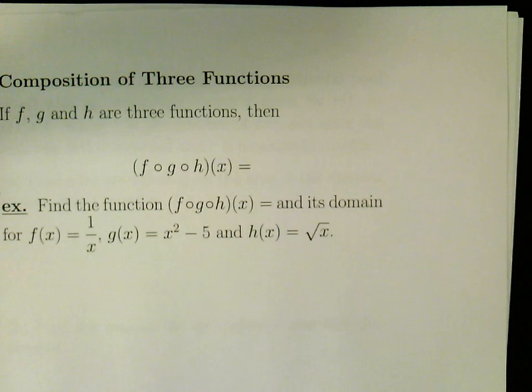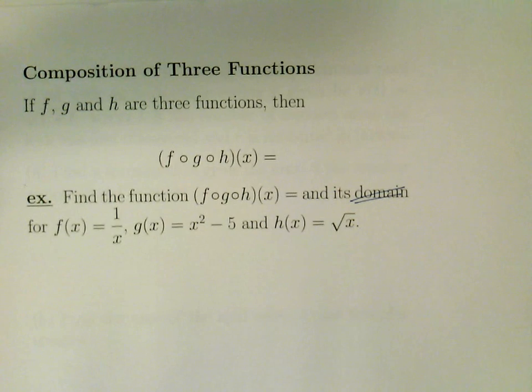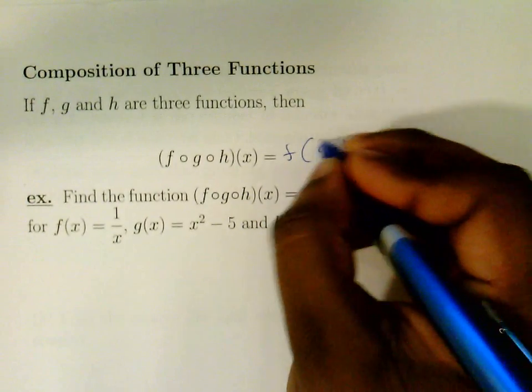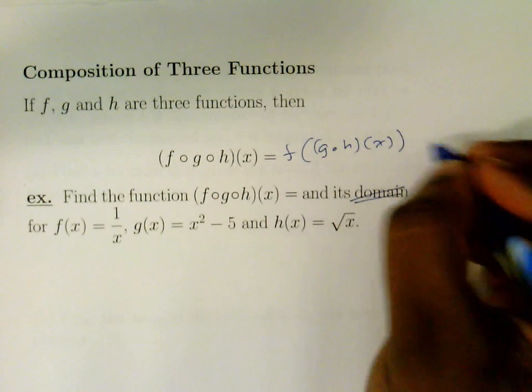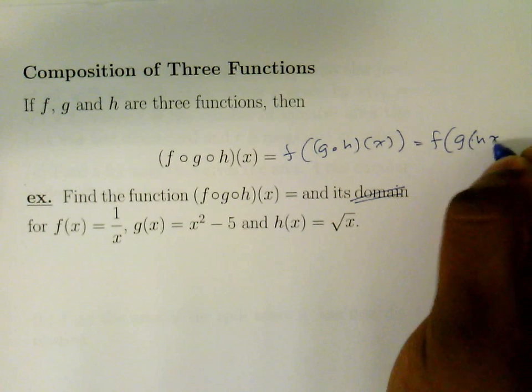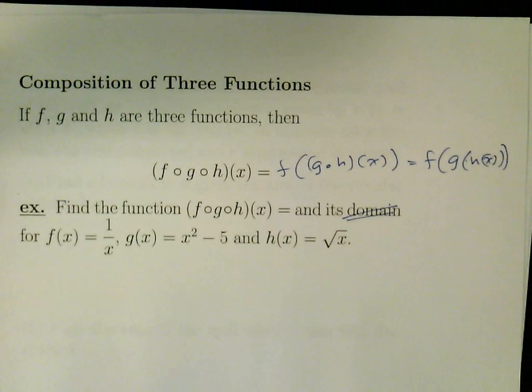Now it says find the composition and its domain. It becomes too complicated at this level. Of course you can do it, but it's just a little too complicated, and it doesn't give you new knowledge about anything. So you just do the composition 3 times.